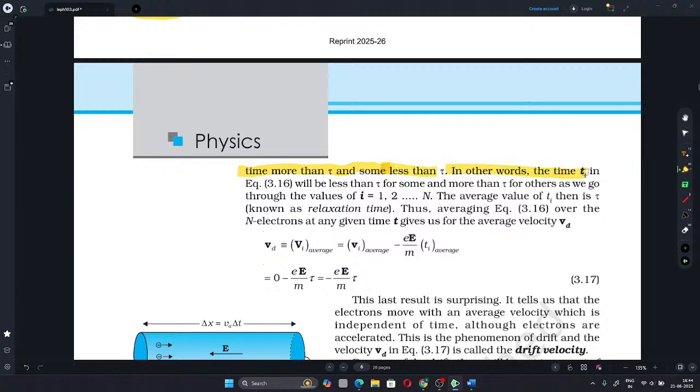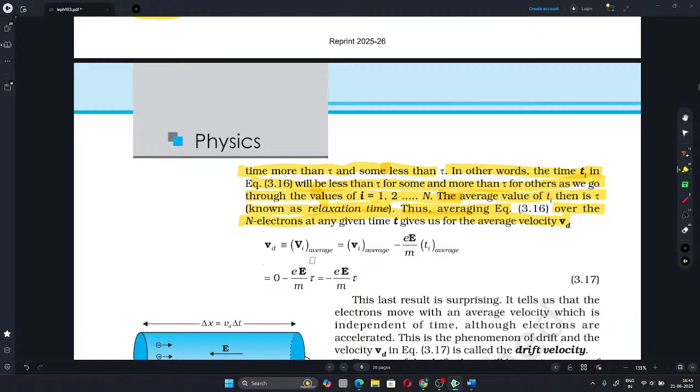In other words, the time Ti will be less than tau for some and more than tau for others, as we go through the values i equals 1 to n. The average value of Ti then is tau, known as relaxation time. Thus, averaging equation 3.16 over the n electrons at any given time gives us the average velocity Vd.